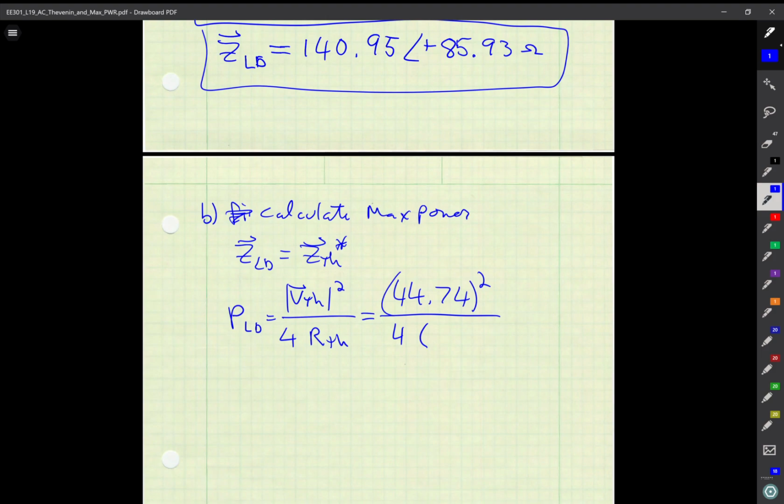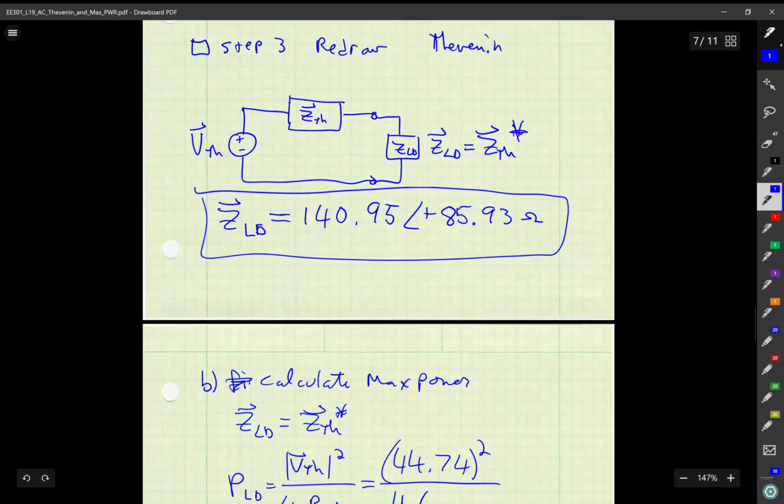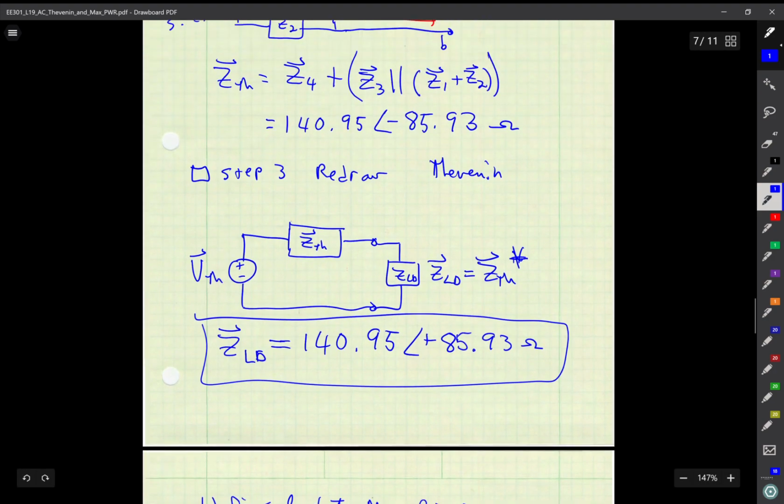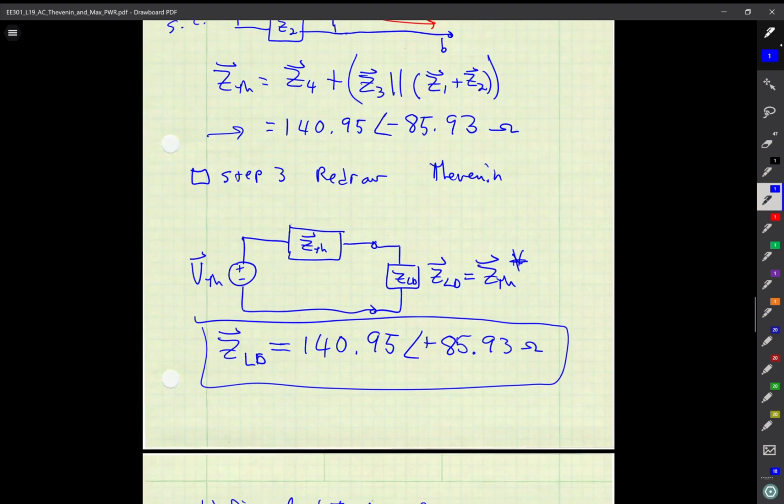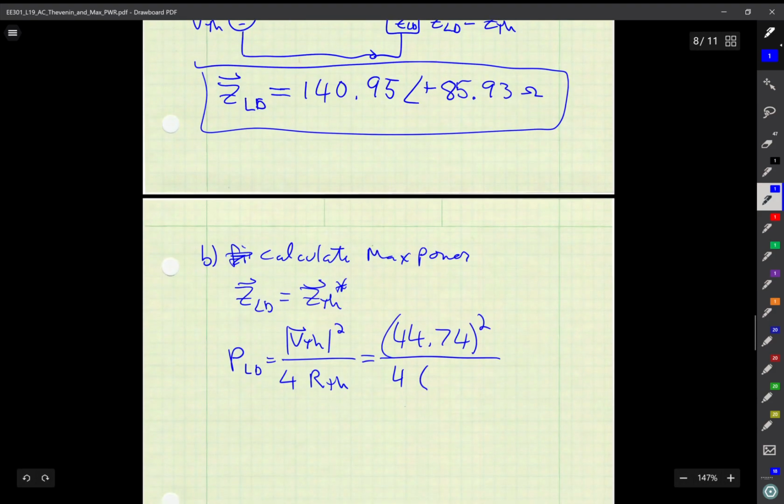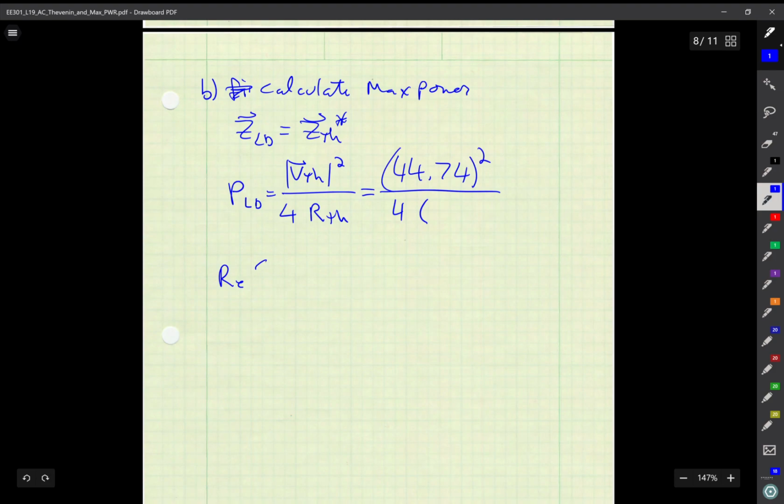Now, R Thevenin is the real part of Z Thevenin, and this is written in polar coordinates. When I put this into rectangular coordinates, the real part of Z Thevenin is 10 ohms.